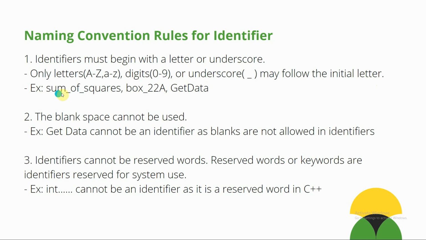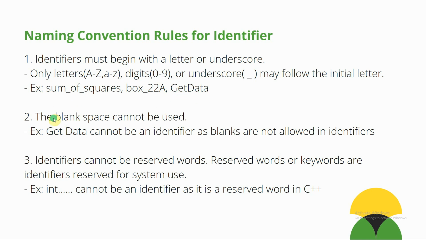So this is an example of an identifier: sum_of_squares, where the spaces are represented by an underscore, or this one, box_22A, or just the basic capital letter G, get, and then capital letter D without the space or underscore between, for the data, and then the overall identifier is named as getData.